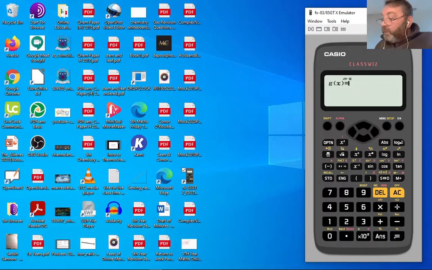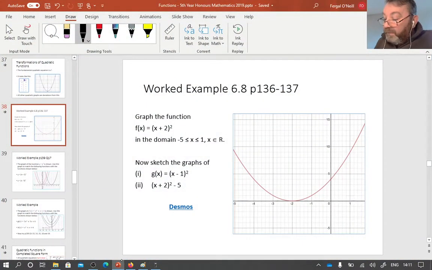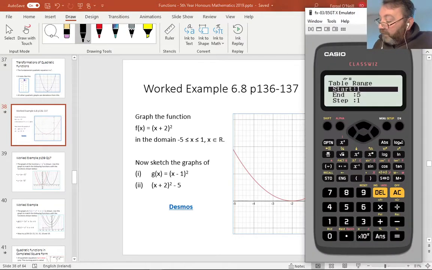I don't want a second function, not just yet. So they want me to start this time at minus 5, and go to 1. In the domain, minus 5 to 1. So minus 5 is my starting point, 1 is my finishing point. And what steps do you want to take between these?